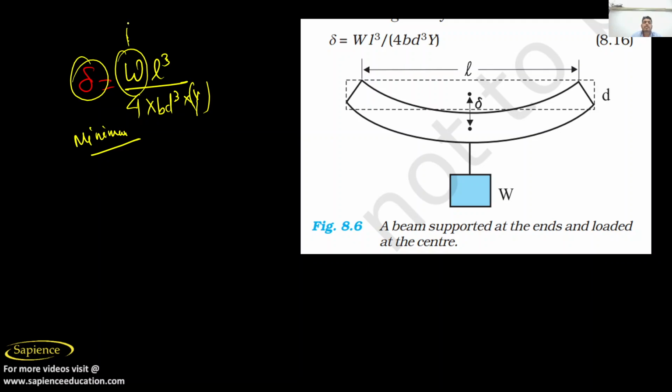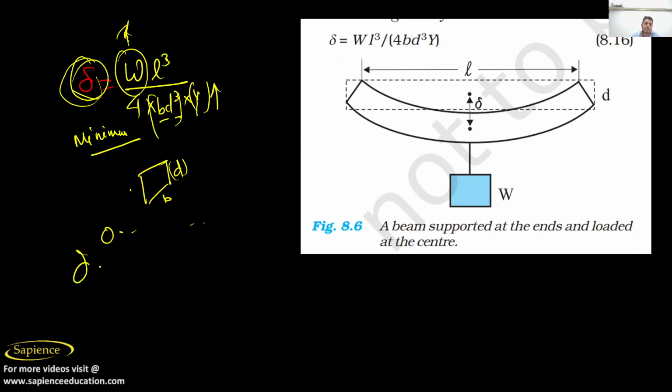So if you are increasing load, it means that you have to increase the Young modulus. Also, see here, the beam has a structure. Suppose this is your B and this is your D. So the ratio of B and D should be calculated in such a way, and load should be calculated in such a way, that its bending should be minimum. Minimum is 0.000 like this.